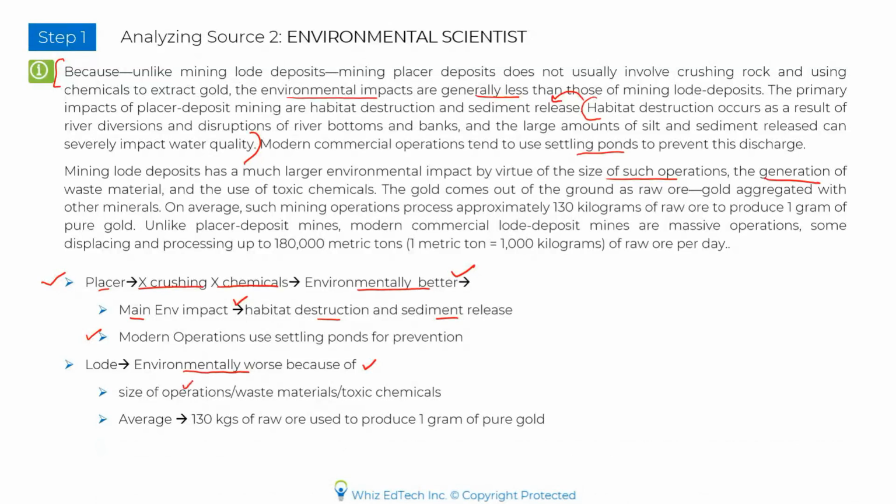So I have noted down all of these here quickly. Gold comes out of the ground as raw ore. Gold aggregated with other minerals. All right. On average, such mining operations process 130 kilos of raw ore to produce 1 gram of pure gold. I've noted that down as well.